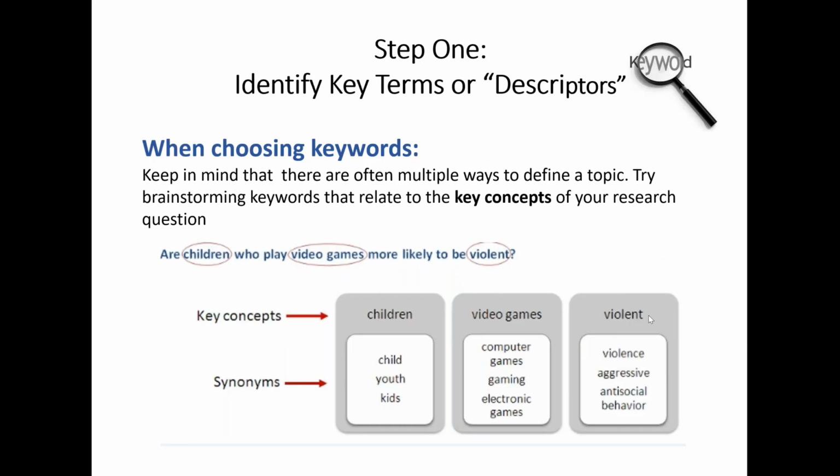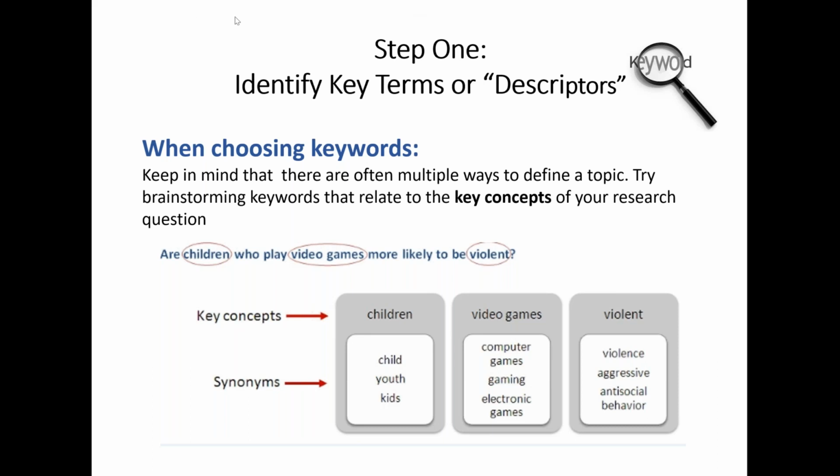Okay, so the first step is to identify those key terms. I think a lot of students find this somewhat challenging, because there are often multiple ways that you can define a topic. Sometimes our initial keywords don't give us exactly the results that we're looking for, right? We may do a search and get frustrated because we think, wait a second, this isn't what I'm looking for.